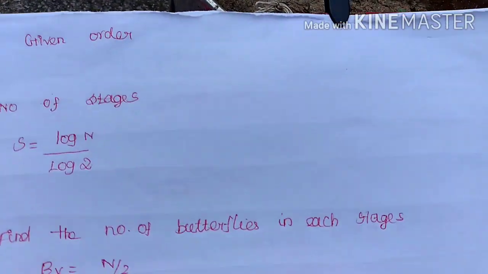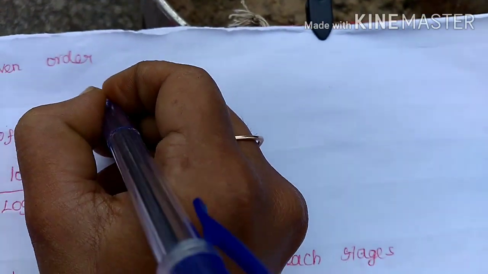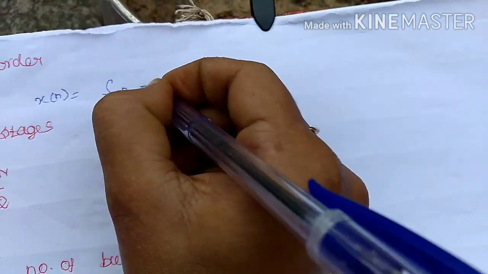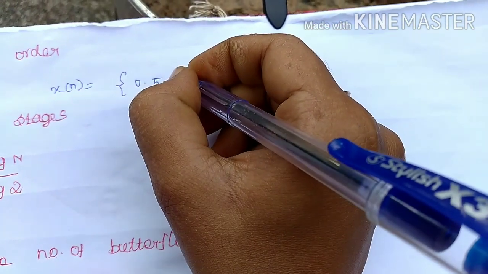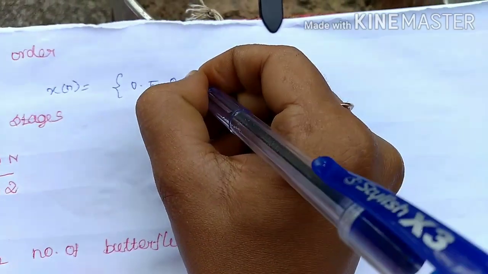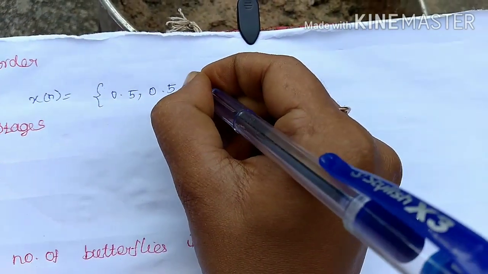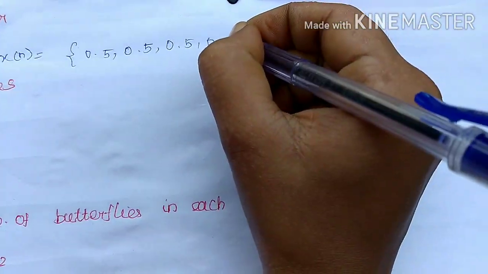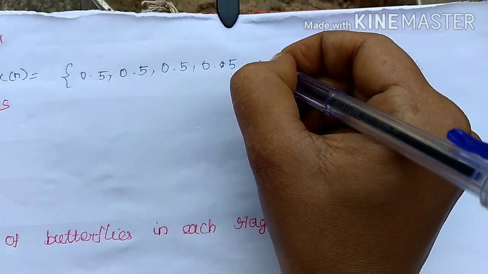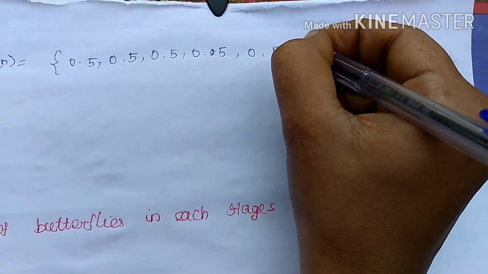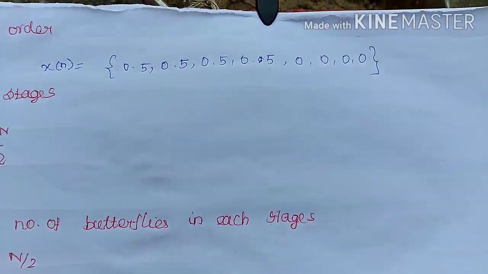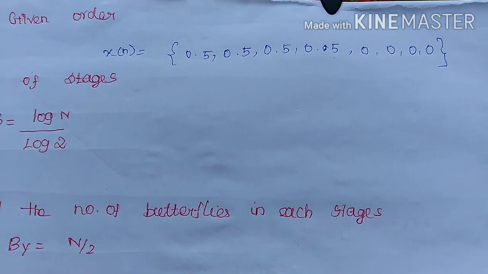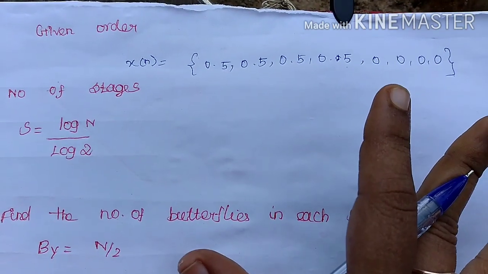Our given order is x of n equal to 0.5, that means 1 by 2 is converted to 0.5, so 0.5, 0.5, 0.5, 0.5, comma 0, 0, 0, 0, 4 times 0. This is our given input order. So I write the given order. This is step number 2.